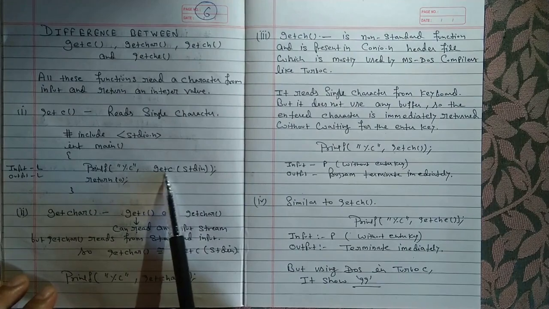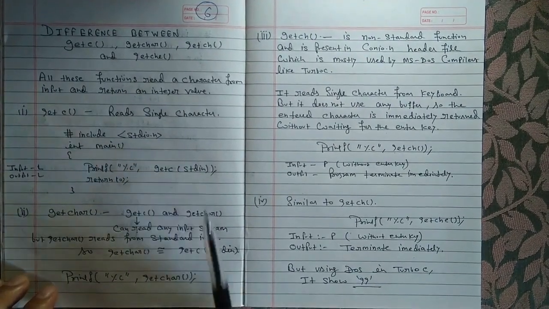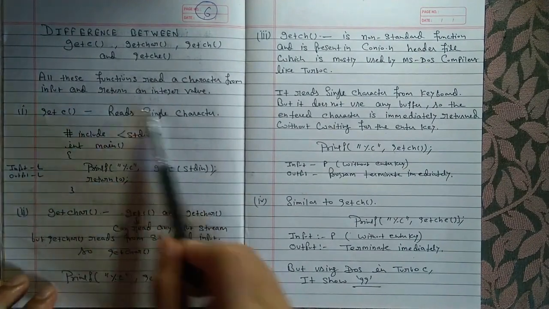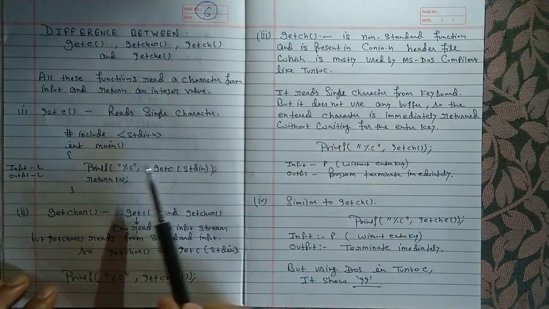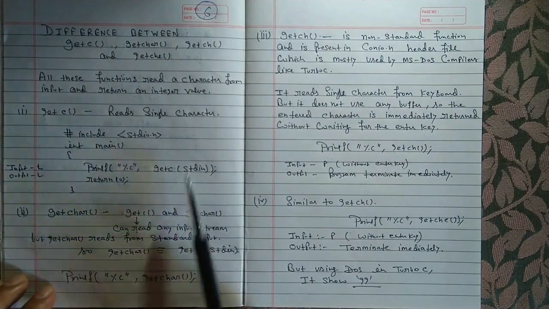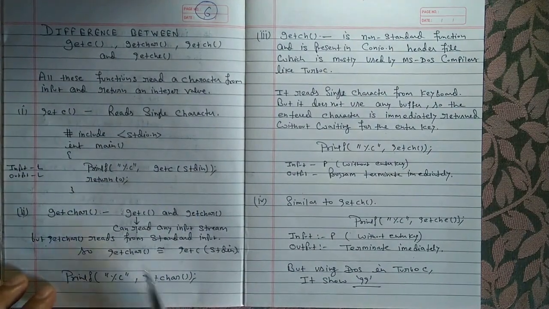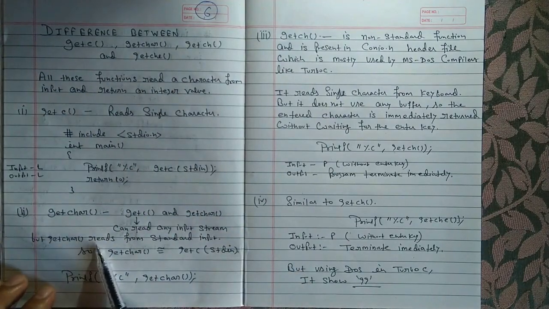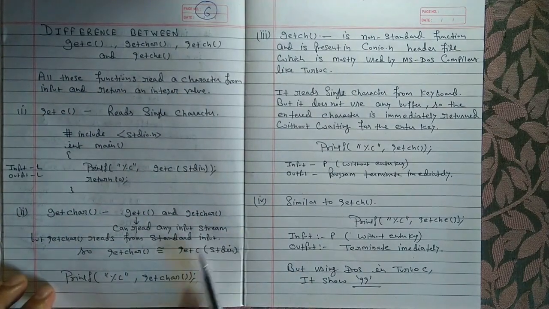Here we used getc(stdin). If in this program you write printf with %c, comma, getchar and close the statement, both are the same. Both read one character, but getchar reads from the standard input.